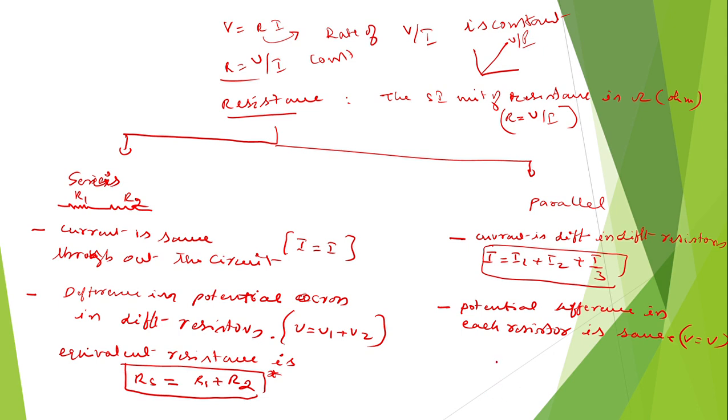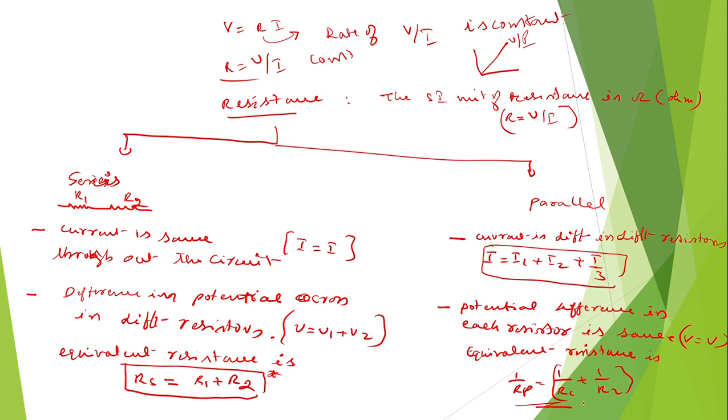Now we will come to parallel connection. So here the equivalent resistance is 1 divided by Rp is equal to 1 divided by R1 plus 1 divided by R2. Okay.